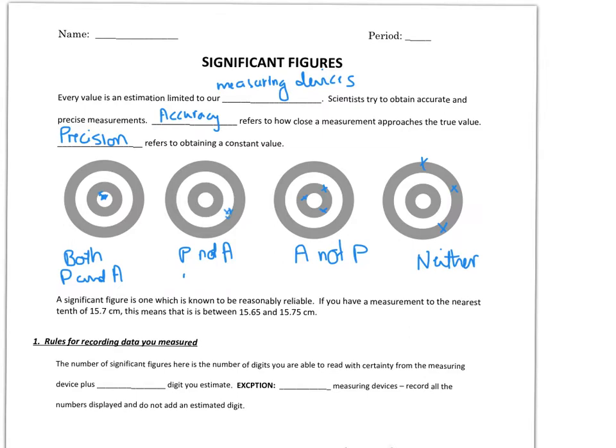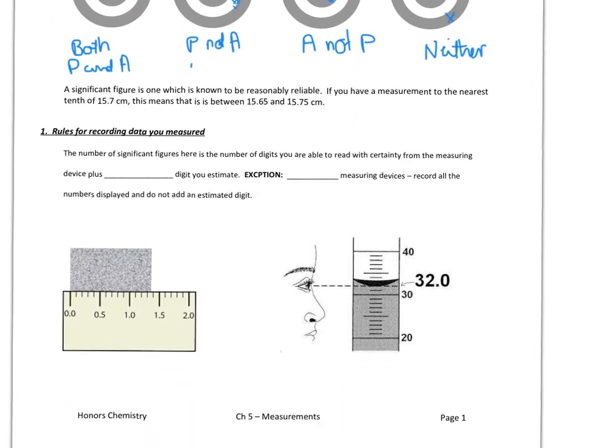And then also, when you're reading literature, like your science textbook, and you see a number written down, you need to be able to tell how many significant digits there are. We're going to start with when you go back to the lab and you're measuring, recording with the correct number of sig figs.